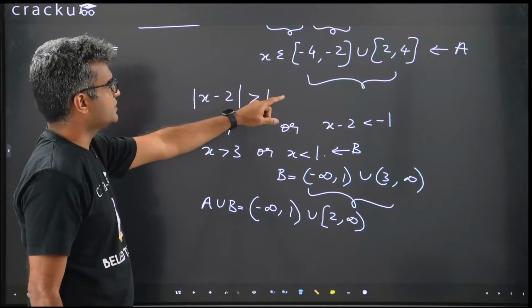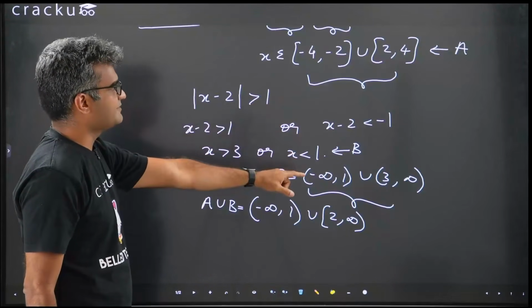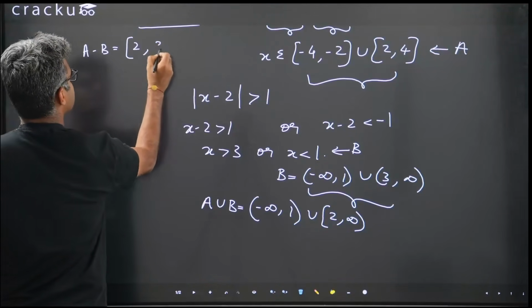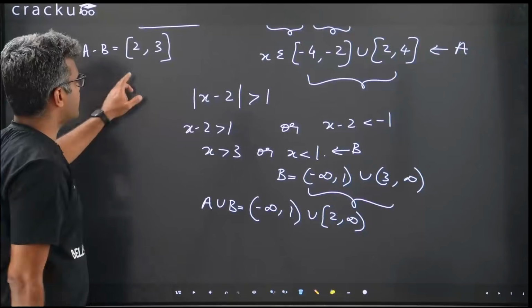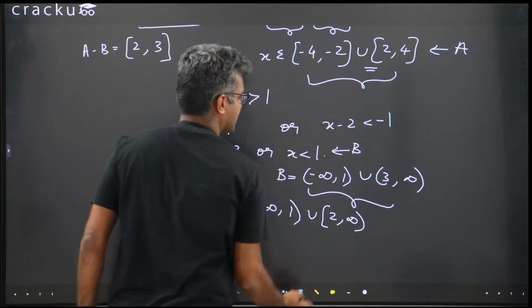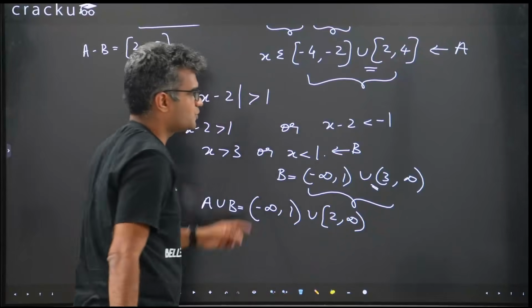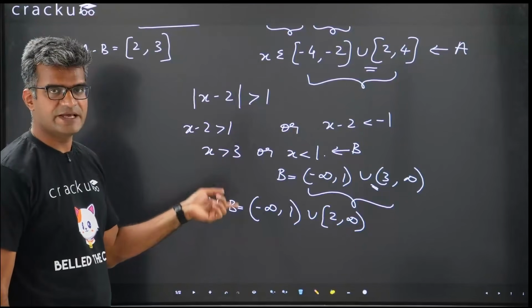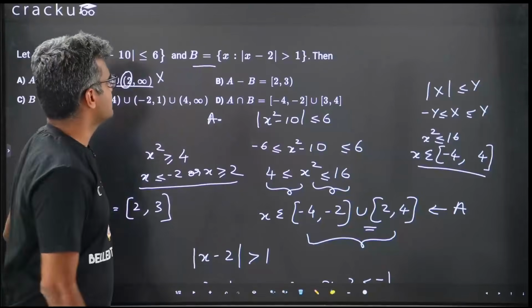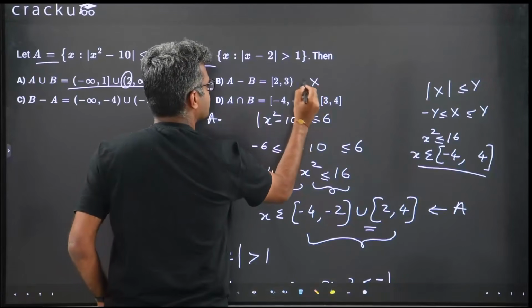Between 2 and 4, 2 will be part of it, 3 will be part of it, both of them will be part of a minus b. So a minus b will be square brackets of 2 to square brackets of 3 because 2 is part of a and 3 is not part of b. So both 2 will be part of a minus b and 3 will be part of a minus b. So this is the value of a minus b, which is again not this because you want this to be a square bracket.